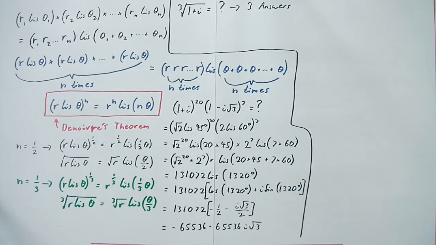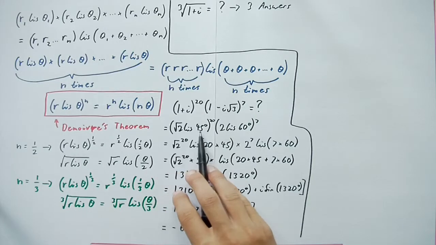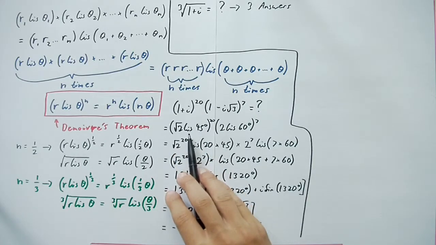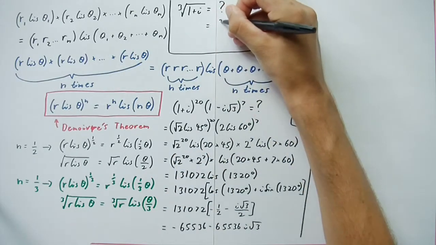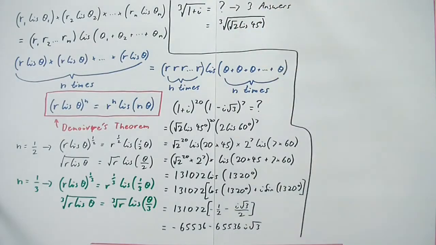But anyway, we want to find the cube root of 1 plus i. So first of all, we've got to change 1 plus i into polar form. But we've already done that here. 1 plus i is equal to the square root of 2 cis of 45 degrees. So we really have this cube root of root 2 cis of 45 degrees. Okay, so now what? Well, let's use De Moivre's theorem.